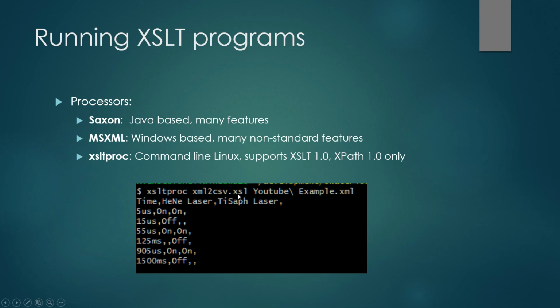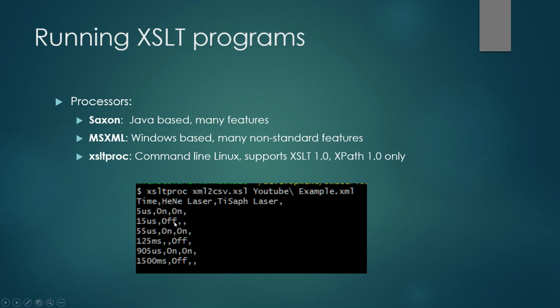We just give it the XSL file. So this was called xml2csv, and then here's my YouTube example. And it just outputs straight to the standard output. Time, a channel, a channel. Time column, on, off, on, off. You notice, if you remember, that there were a couple of ones where I didn't change, like I think the first column is Heaney, second one's TISAF.